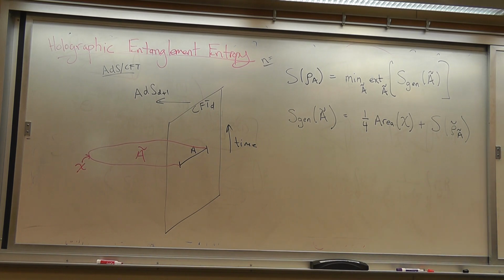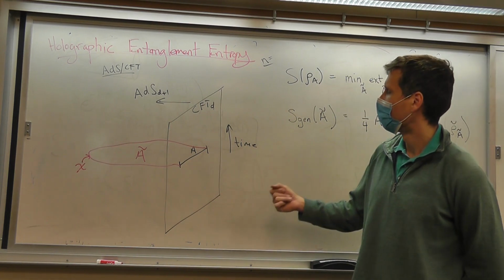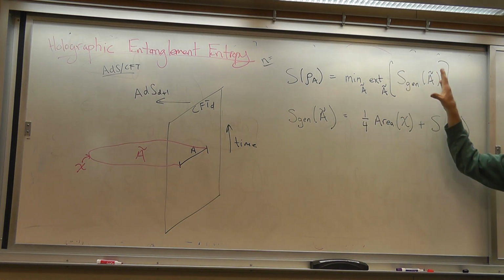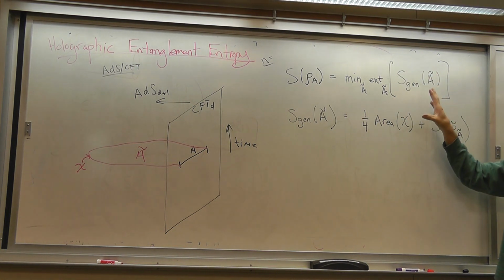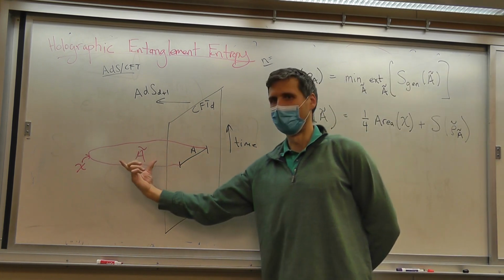Okay, so let me say a couple words and then I'll write a couple things more carefully. First of all, this is a formula for the entropy, but it's really much deeper than that. It's really a formula for how holography works. And I'm going to say more about that, but just to preview it, this procedure of extremizing the generalized entropy not only spits out a formula for the entropy, it spits out a region, A tilde.